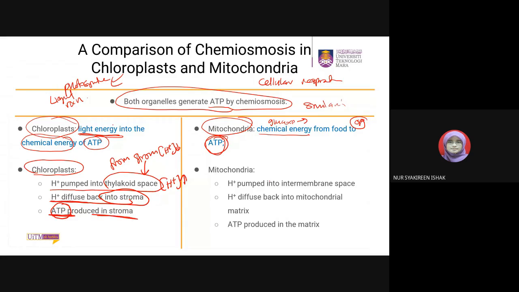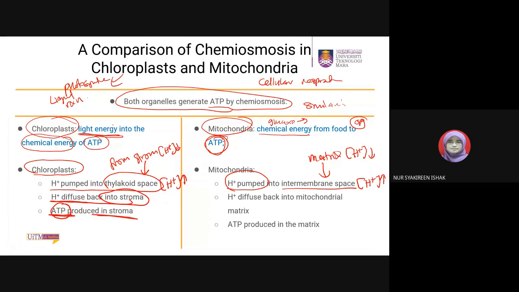Tapi kalau mitochondria, dia punya pergerakan hydrogen ion tu daripada mana? Pump from the matrix into the intermembrane space. Matrix has low concentration of hydrogen ion, intermembrane space has high concentration of hydrogen ion.